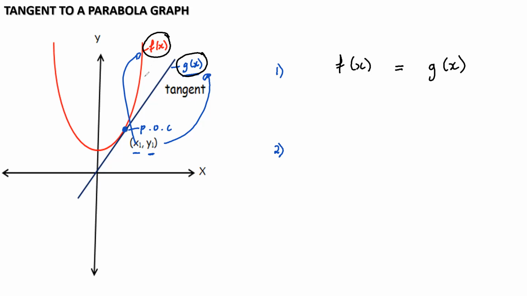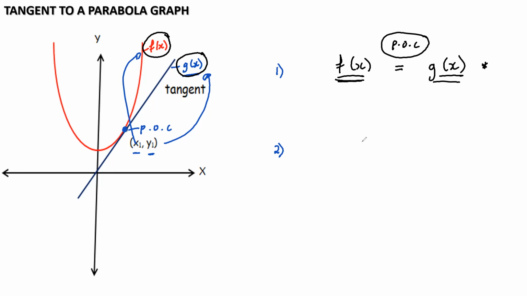That's x1, y1, available in the quadratic graph, the red graph, available in the tangent graph, the blue graph. Meaning to me, at the point of contact, the equation of f of x will be the same as the equation of g of x because they are passing through the same point. The point of contact acts as a point of intersection.